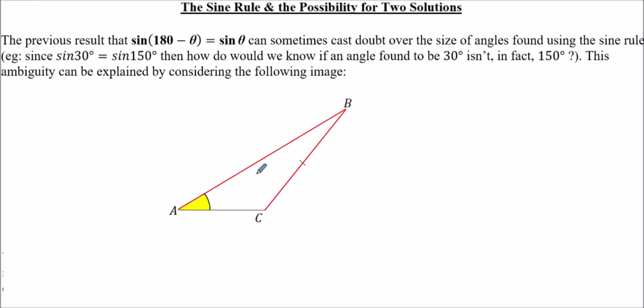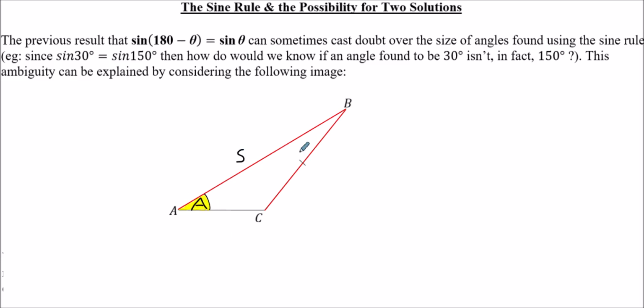So I've got a triangle here, ABC, and I've colour-coded the angle A. So that angle at A is locked, if you like, and these two sides in red are fixed. So this is a fixed angle, AB is a fixed length, and BC is a fixed length.